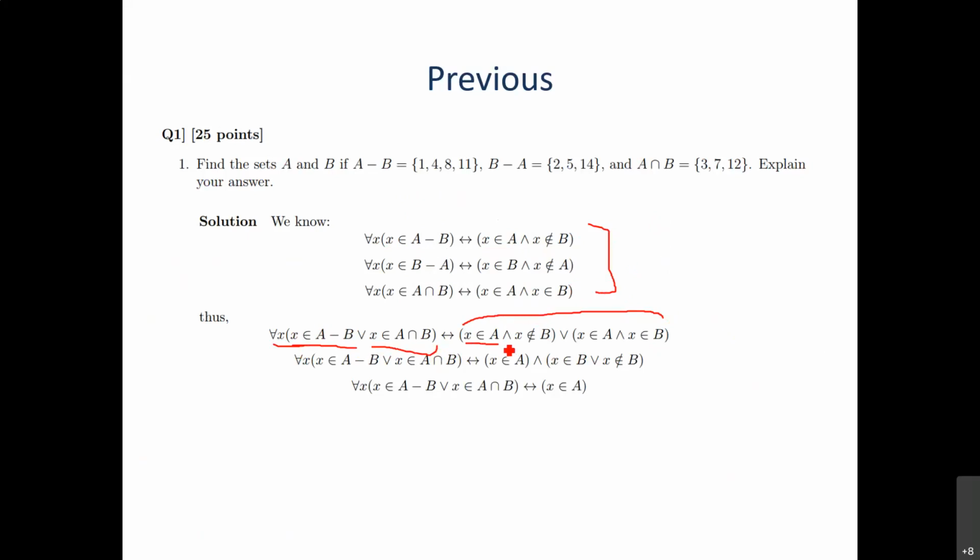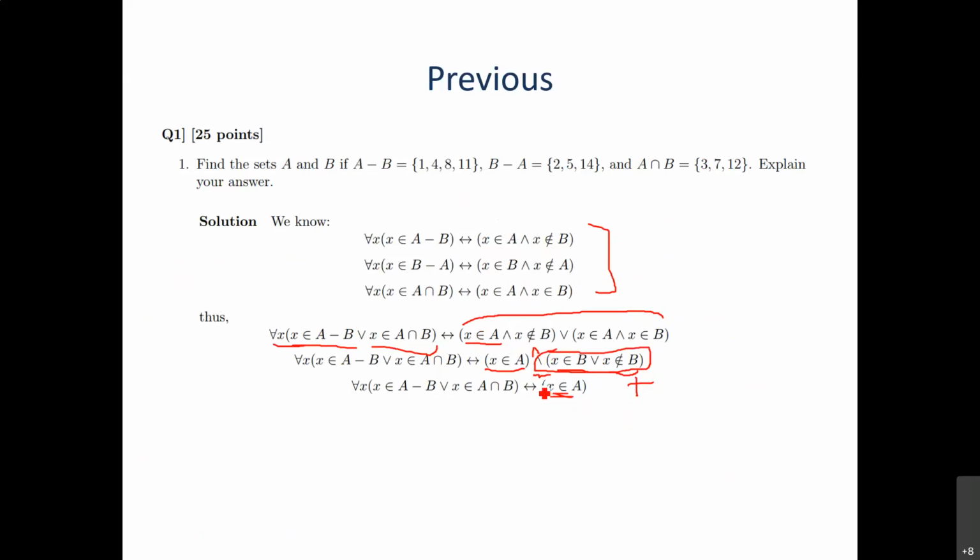Take x belongs to A in common. So it's x is in A and x is in B, or it's not in B. Let's not forget this just because we did an exam. This is always going to be true. True and anything is just going to be that anything, so it's x is in A. So that's it.